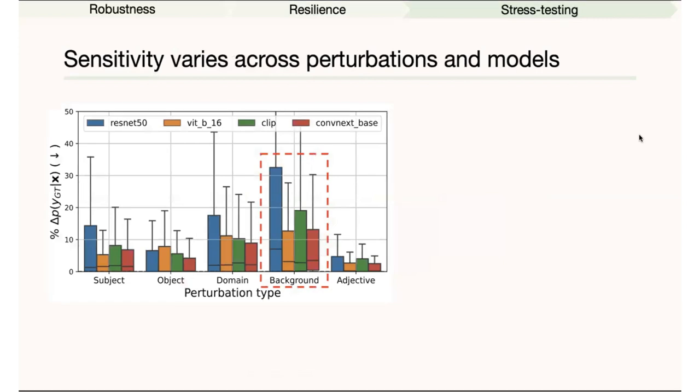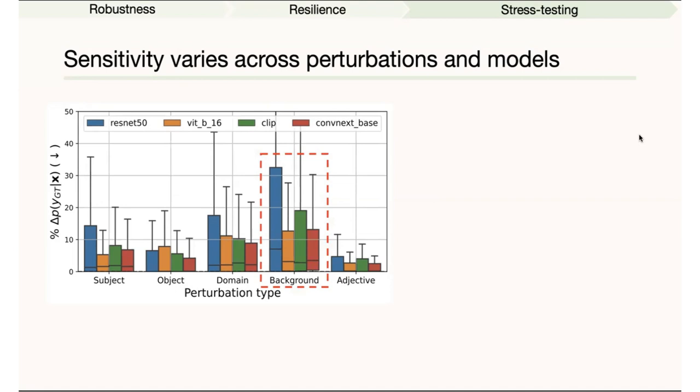And we can do analysis by different kinds of perturbations. For example, we find here that all models are most sensitive to background edits because they rely a lot on spurious cues.